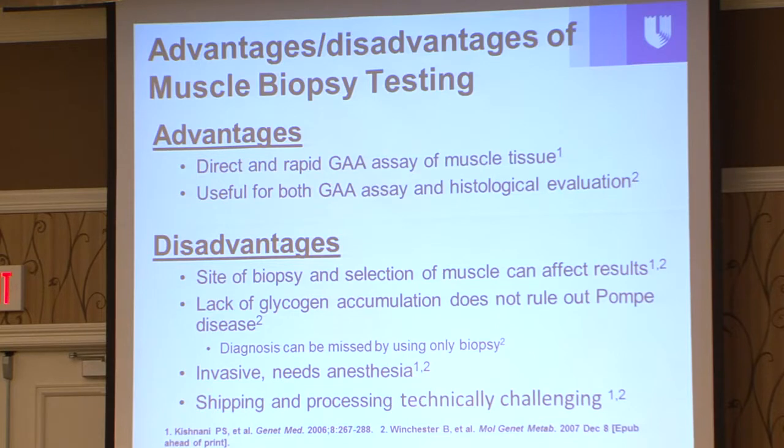And it is an invasive procedure. You need anesthesia for the biopsy, and it needs a somewhat extensive shipping procedure on dry ice if it has to go to a distant lab or distant expert. And processing of the biopsy piece is technically challenging in order to get good histopathology and EM pictures.